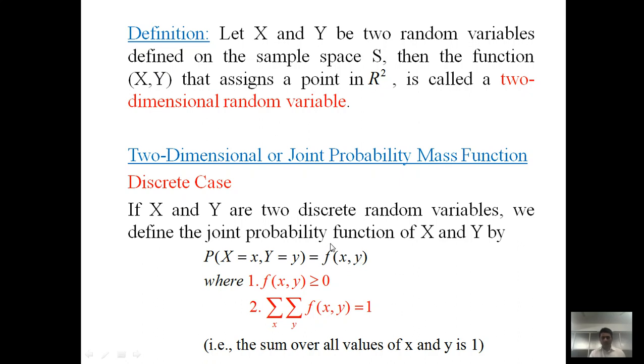This joint probability mass function satisfies two characteristics: f of (x, y) is greater than or equal to 0 for every value of x and y, and the sum over all values of x and y of f of (x, y) must be 1.